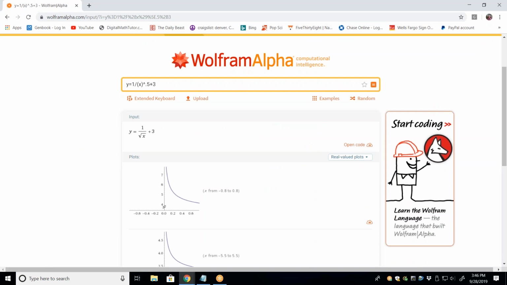And you can see that it took the same exact curve, didn't change its shape at all, just moved it up 3, so that it's now going to a horizontal asymptote of 4. Whereas the other one had a horizontal asymptote of 1. In other words, just 1 over square root of x.